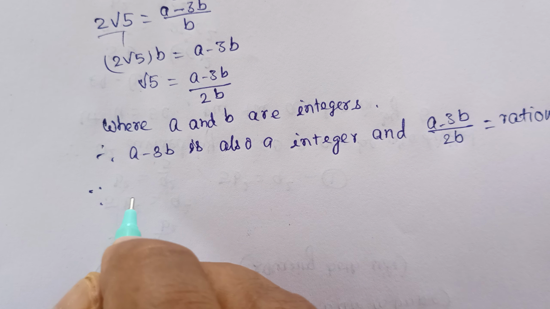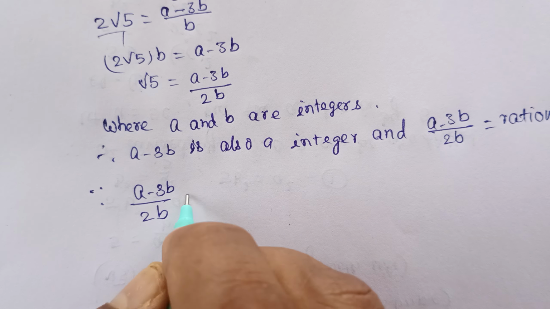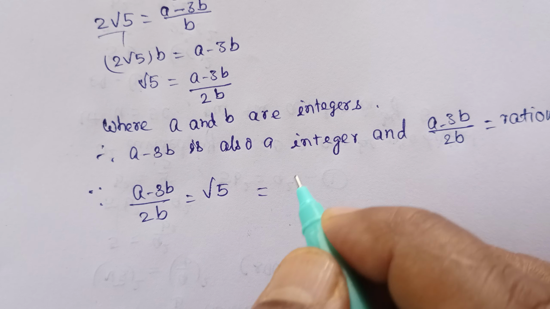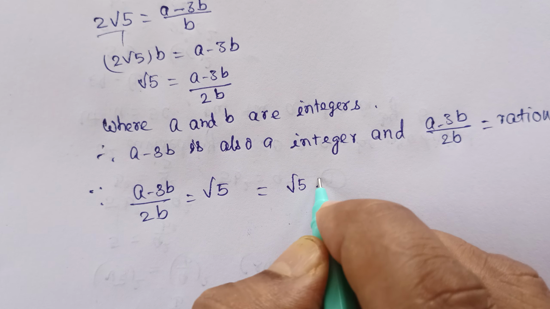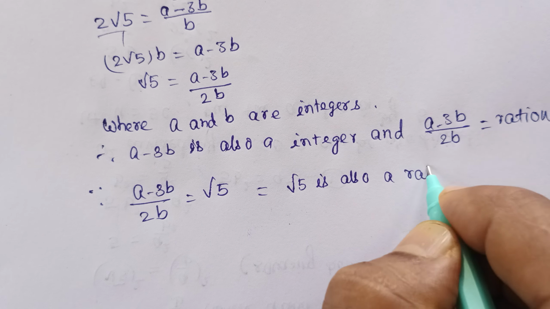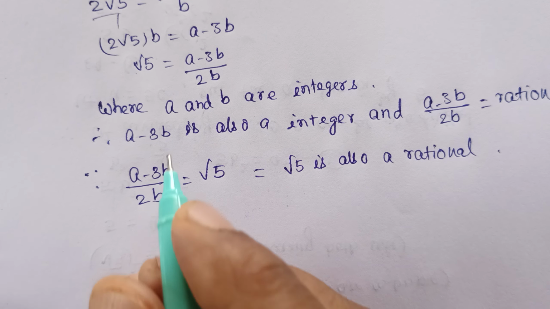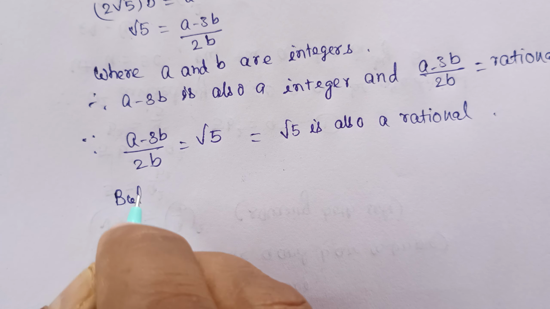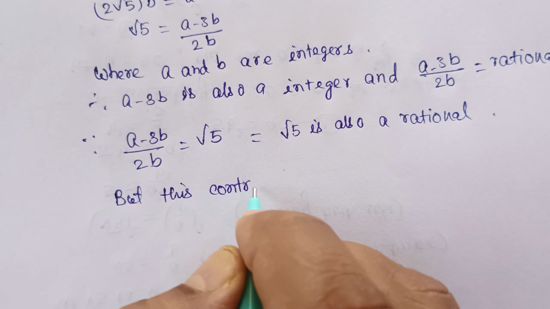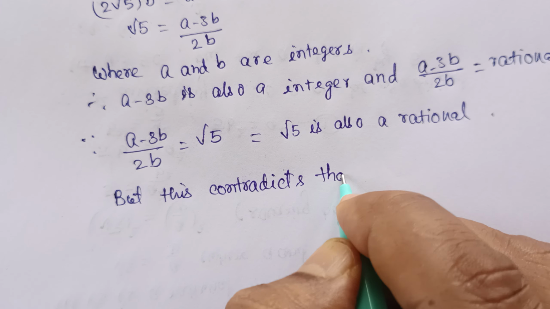Therefore, since a minus 3b by 2b is equal to root 5, root 5 is also a rational number, but it is not true. But this contradicts the fact that root 5 is irrational.